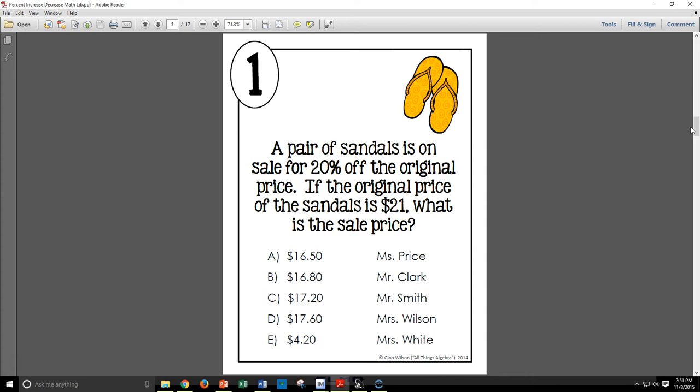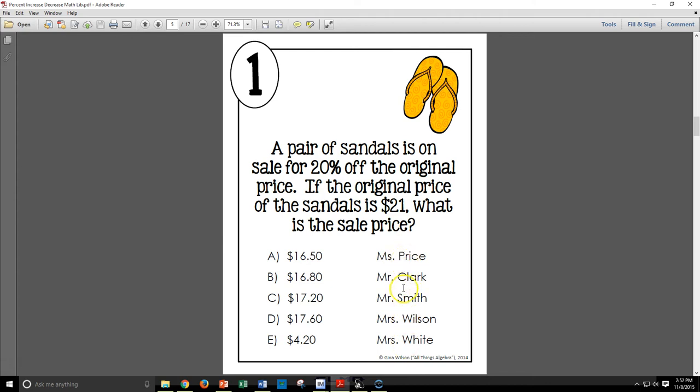Our first card here says, a pair of sandals is on sale for 20% off the original price. If the original price of the sandals is $21, what is the sale price? Now, if you look at the card itself here on the screen, you see that we have 5 different choices, and then we have these little responses also.